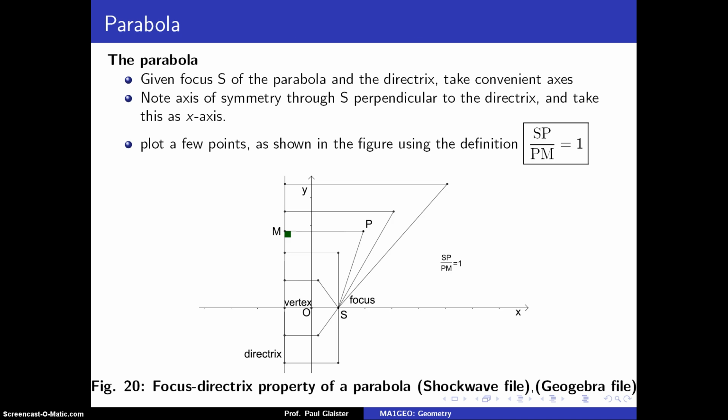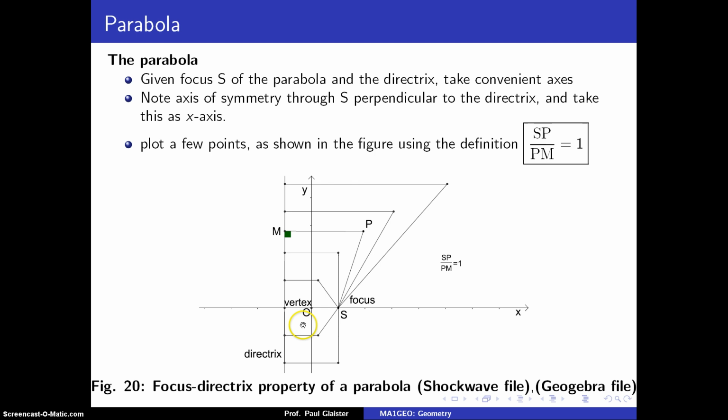So taking that definition for the parabola, in this diagram here we take the fixed point S as shown, the focus, and the fixed line which is the directrix as shown, and we locate the x-axis to pass through the focus and perpendicular to the directrix. We also take the y-axis, which is perpendicular to that, to be midway between the focus and the directrix, just to make the determination of the locus easier.